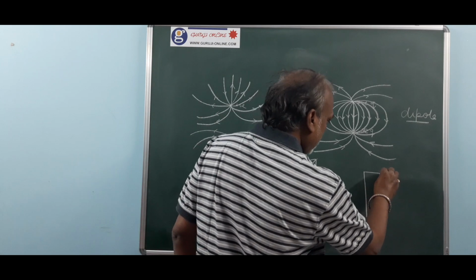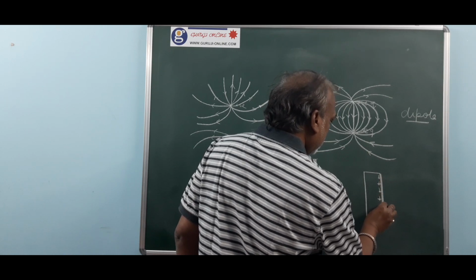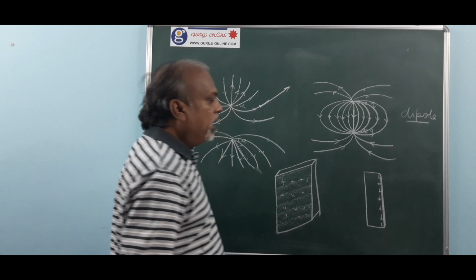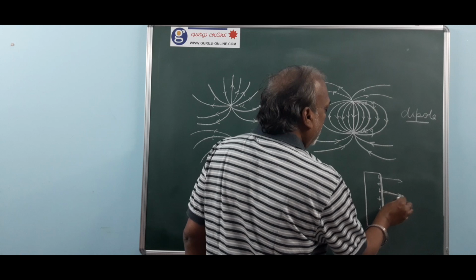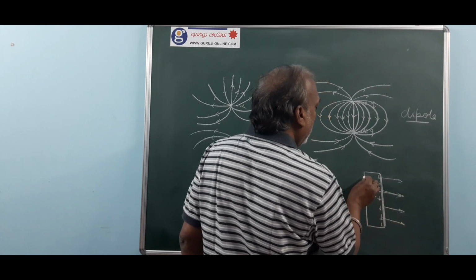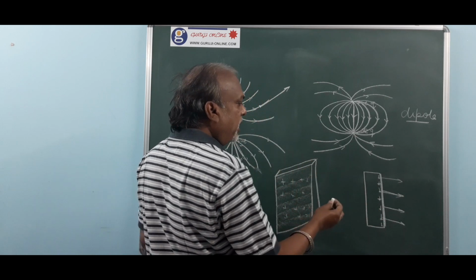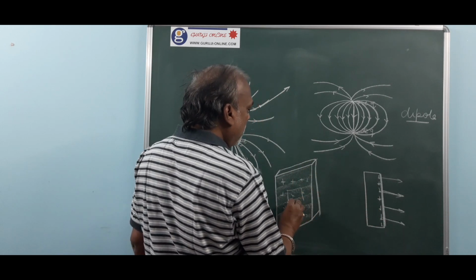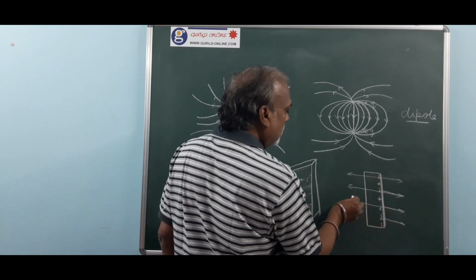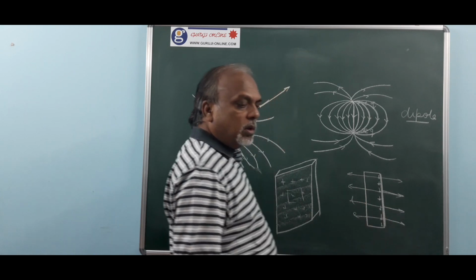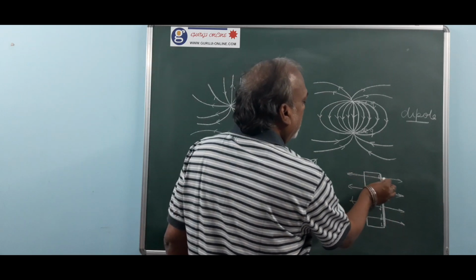We have charge like this. How can we draw the electric field lines? Actually, they will be parallel like this. On the edges they will be curved, but if we take just a small portion of the middle, then they will be parallel like this. So this is how you can draw the electric field lines, and it has many applications.